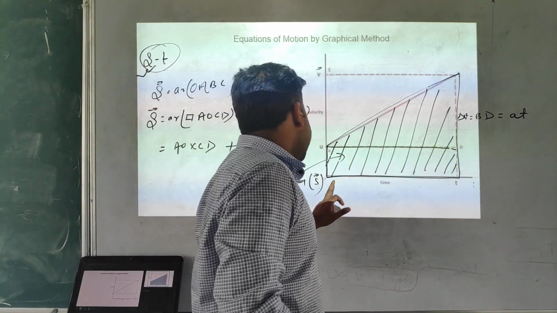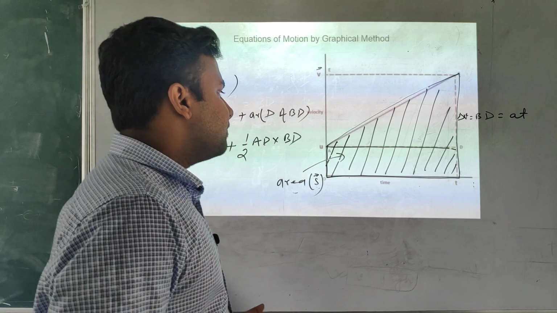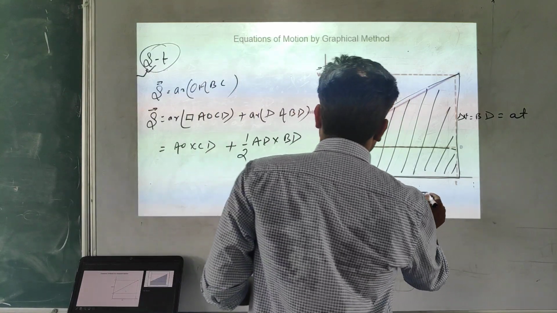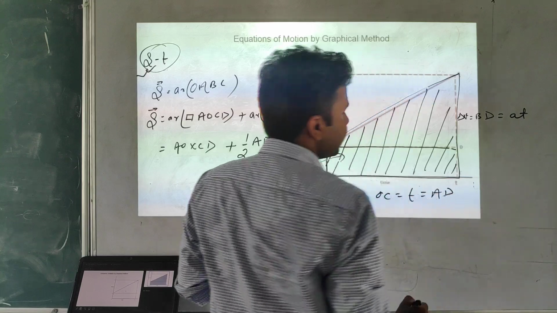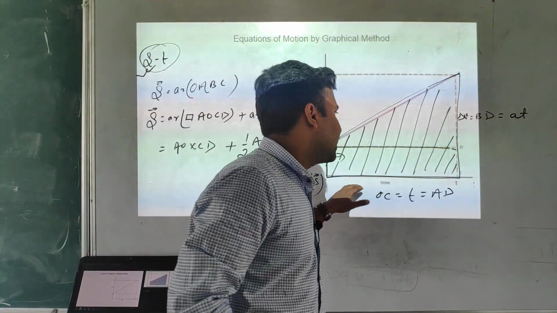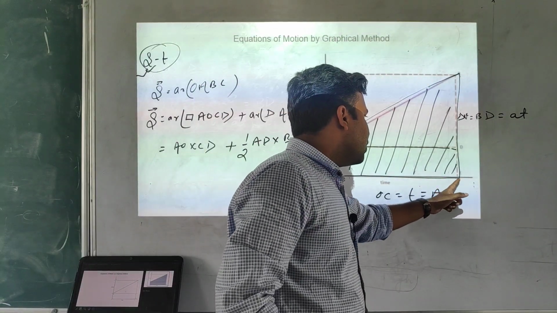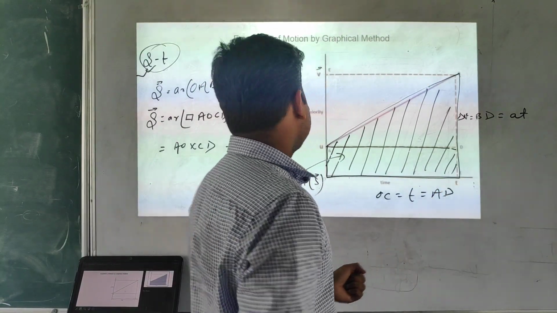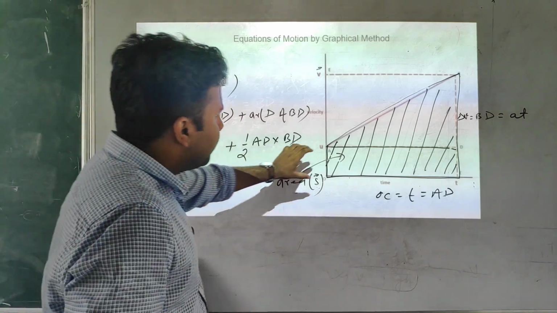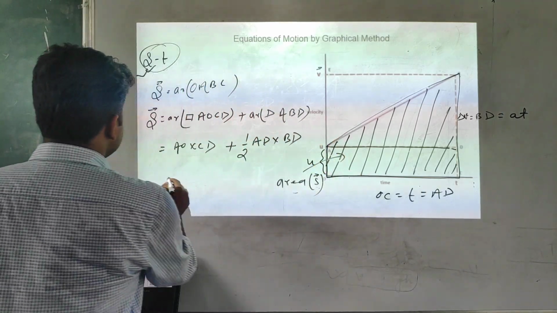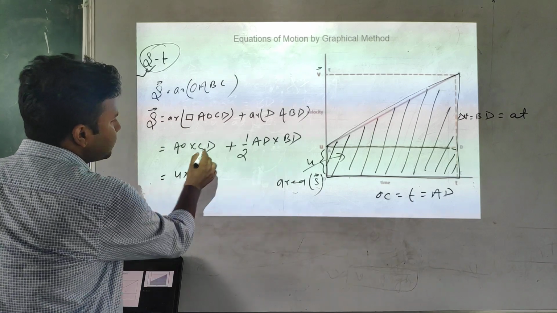AD and OC are the same. By the way, OC is T, and this is also equal to AD. In this rectangle this side will be the same, and here OC is given as T. Now put the values. AO is U, so you put U into CD.